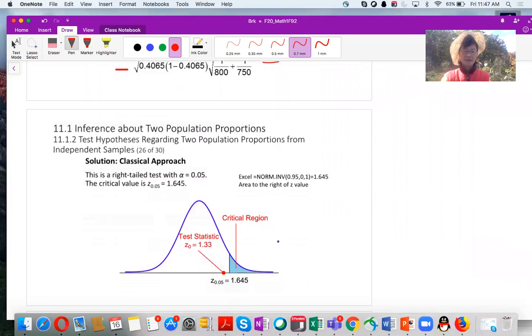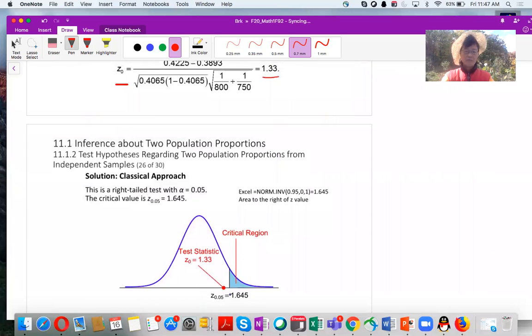Now, once you have the test statistic, remember we also calculated the critical value. This point is the critical value, 1.645, because the rejection region, or critical region, equals alpha, 0.05. We used the Excel method to get 1.645, and we can also go to the table to find 1.645.